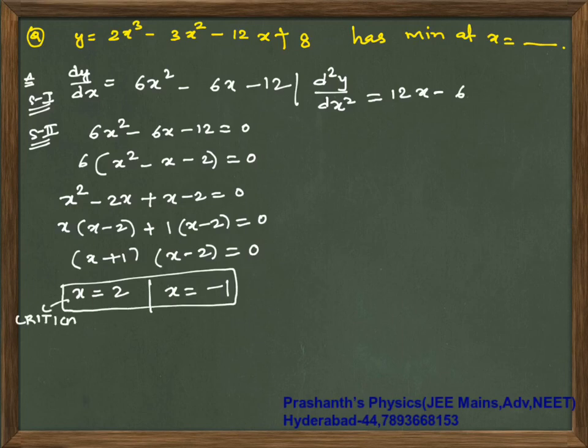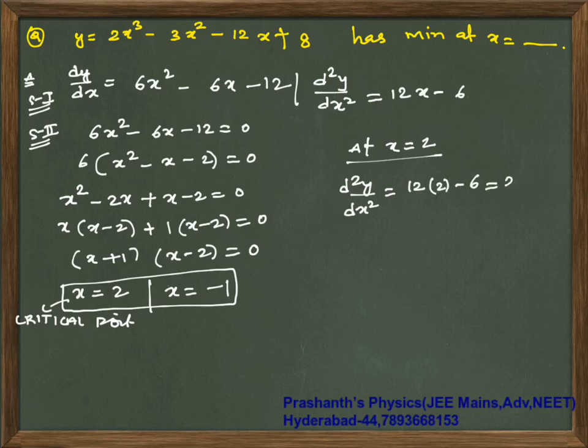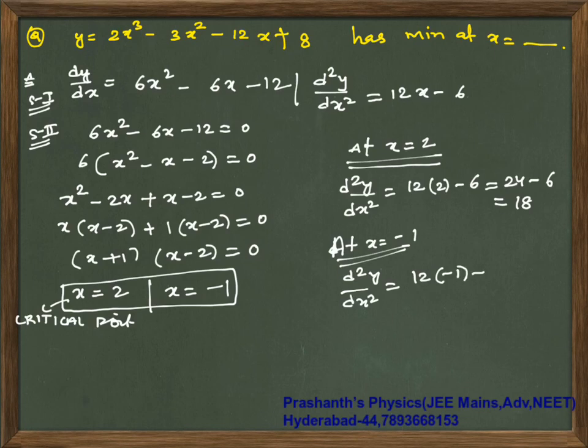Now to check maxima or minima at x equal to 2, d square y by dx square is 12 times 2 minus 6, that is 24 minus 6, that is 18. At x equal to minus 1, d square y by dx square is 12 times minus 1 minus 6, that is minus 12 minus 6, that is minus 18.